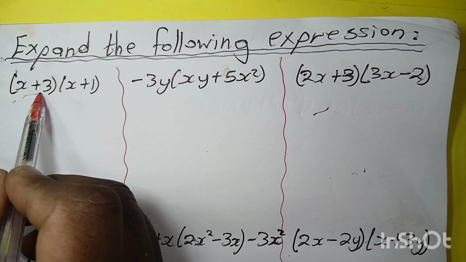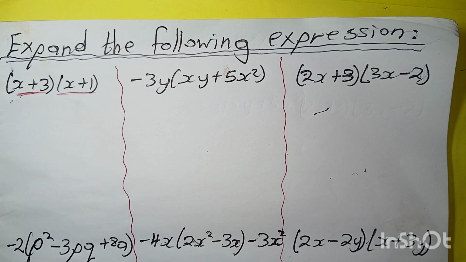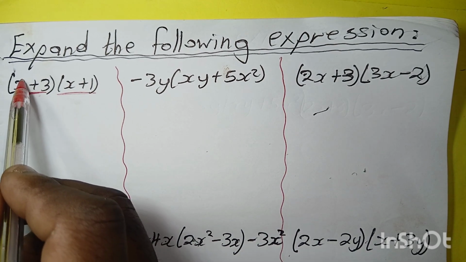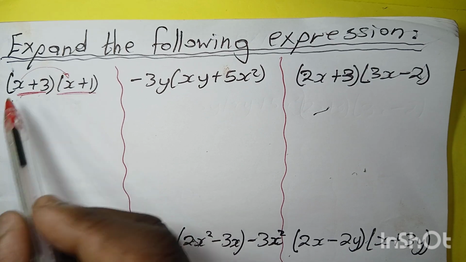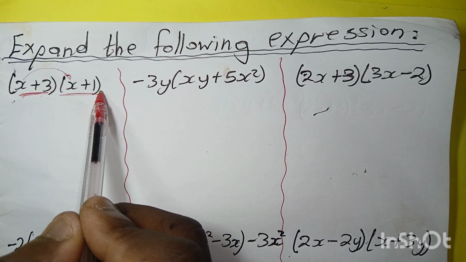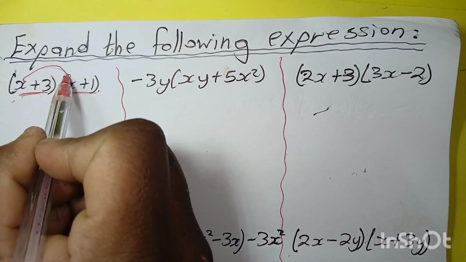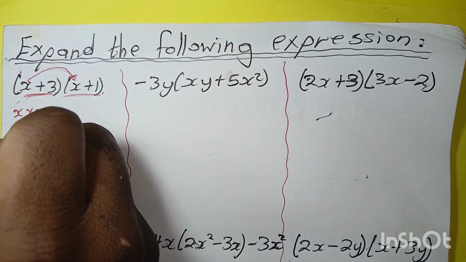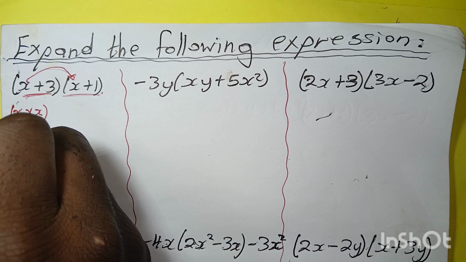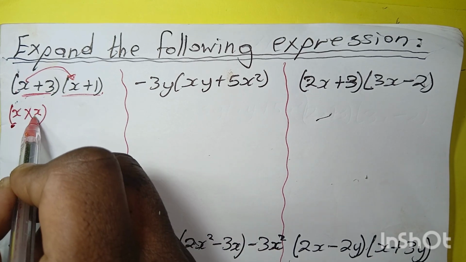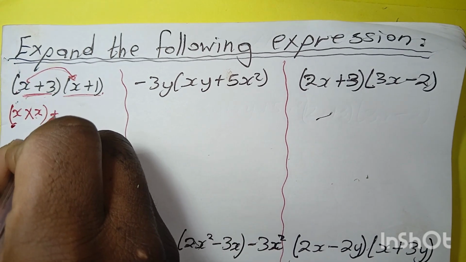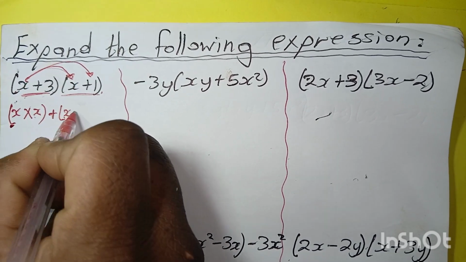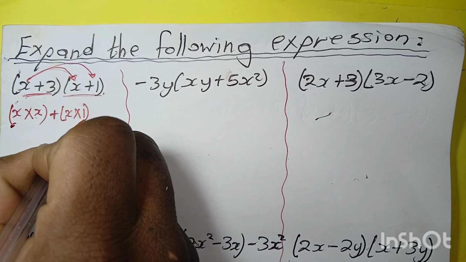So here we've got two binomials, as you can see. And remember something, when you expand, you multiply by something inside a bracket so that you can remove these brackets. Meaning this will multiply inside a bracket, like x multiplied by x, plus x multiplied by 1, do you see?